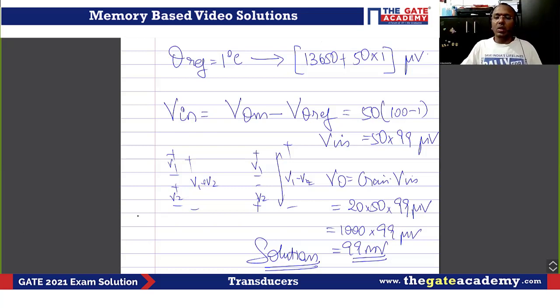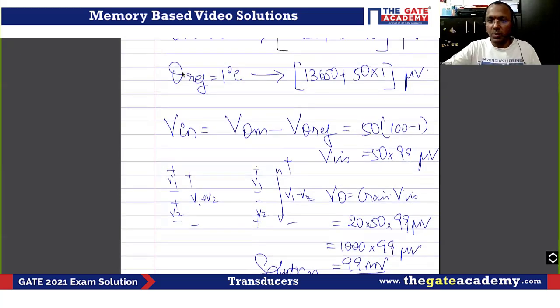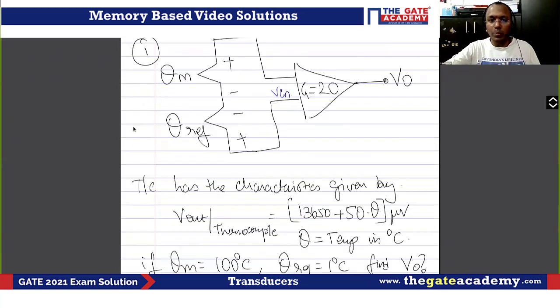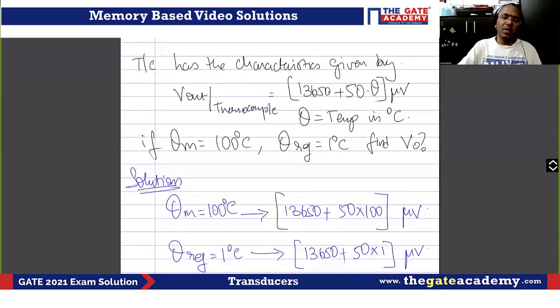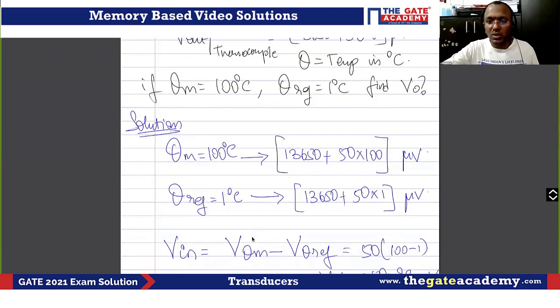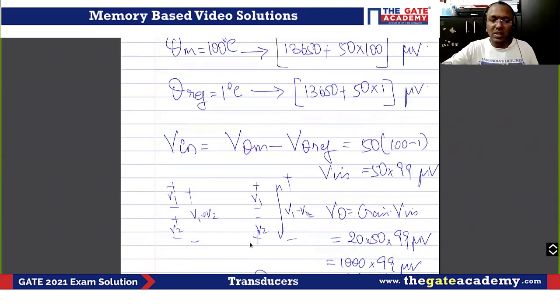For example, instead of 13,650 some other number may have been there, or instead of 100 degrees it may have been 50 degrees. The answer would be a little different, but the concept is still the same. So conceptually, this is how we approach the problem. That is the key takeaway from this session.